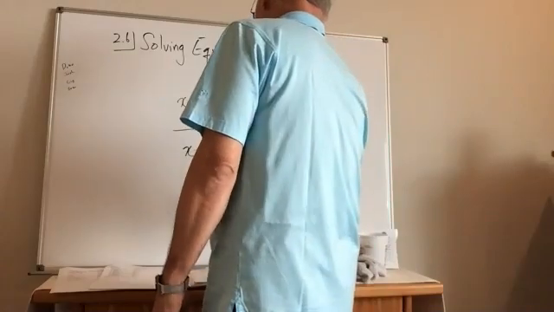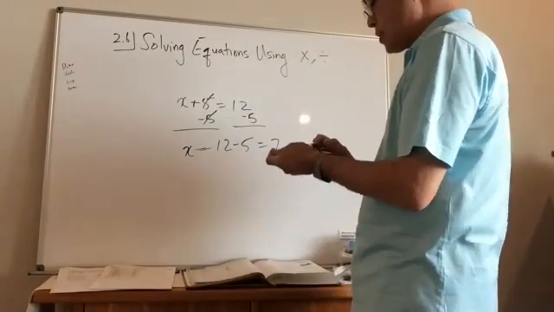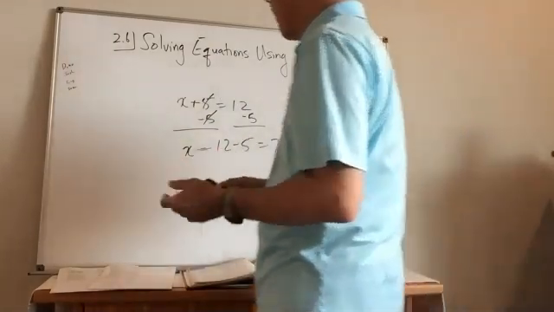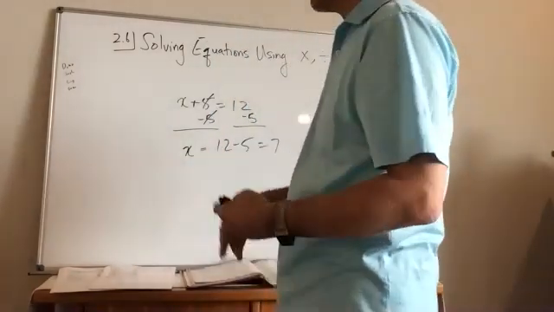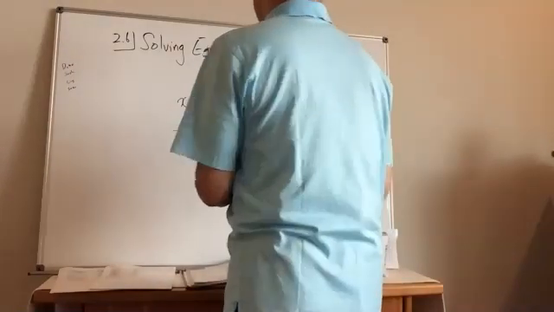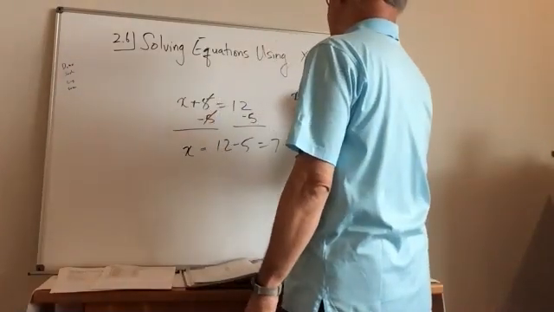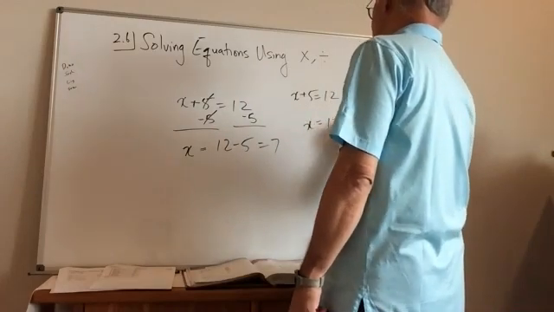12 minus 5, and I get 7, right? Okay. So what's actually happening, and this is what we say when we talk about this kind of thing in math, is that I started with this, and I end up with this.